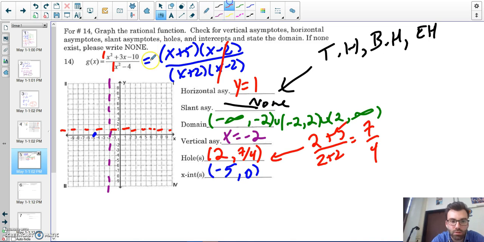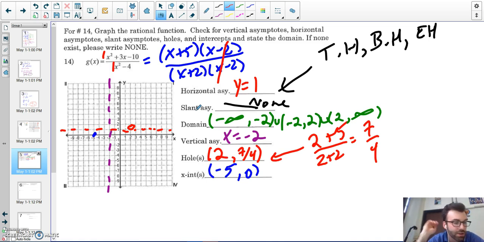There's a hole at 2, 7 over 4. This is really hard to draw, but really this hole should be right in there, between the 1 and the 2. That's the best I could do.